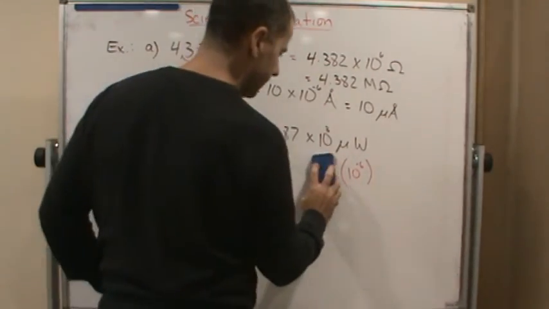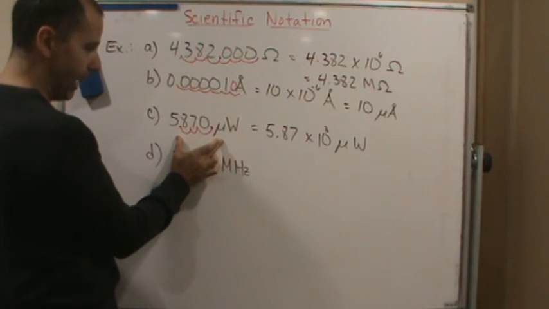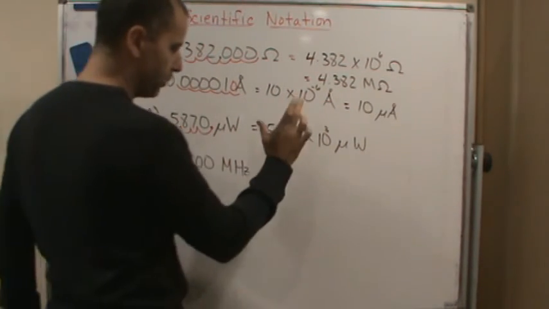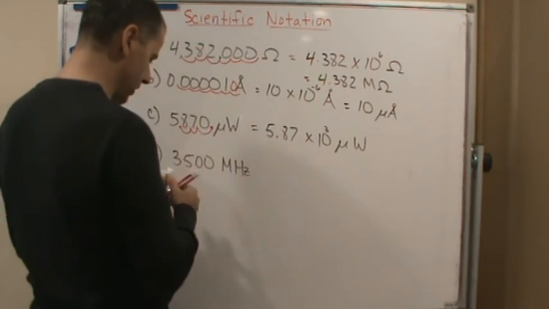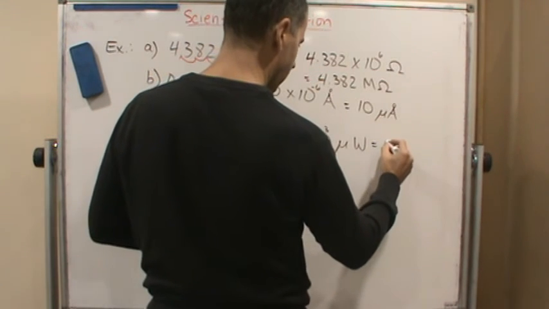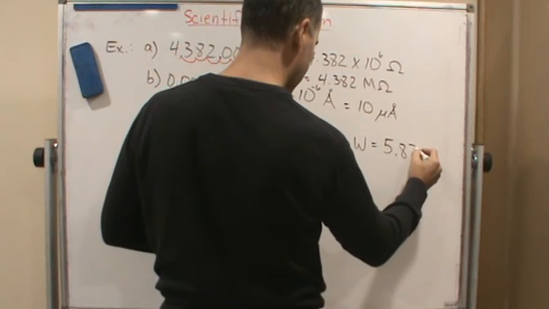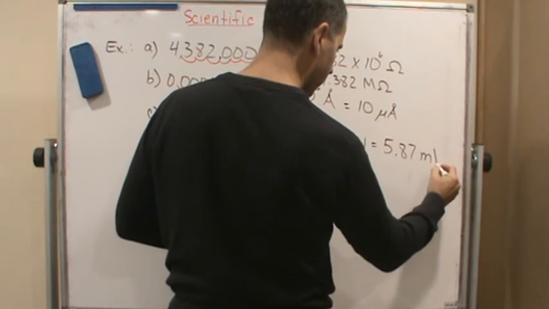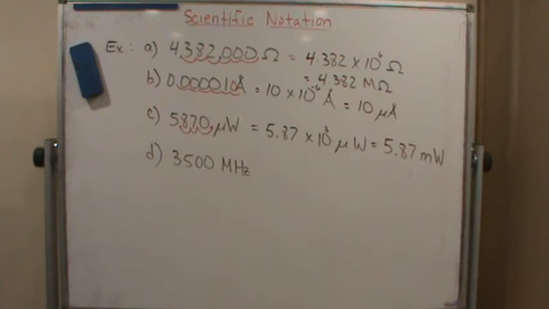So I'm going to rewrite this. So this many microwatts, which is equal to this many microwatts in engineering notation, is equal to 5.87 milliwatts.